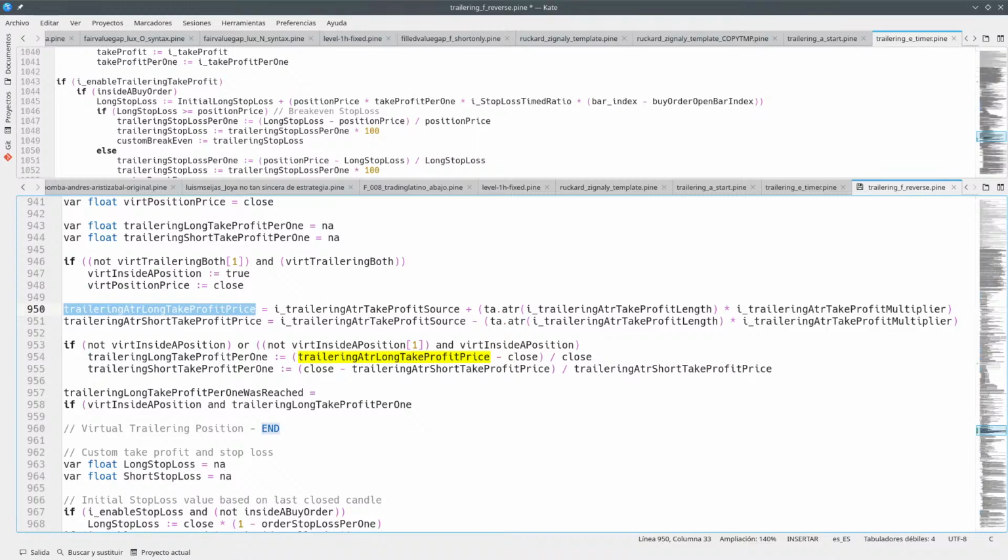Yeah, this is not right. So what we want to change to save is the price in order to know if we have reached it or not. So there's no need of defining this per one unless you use it later. Yeah, but this needs to be calculated on each one of the trades.